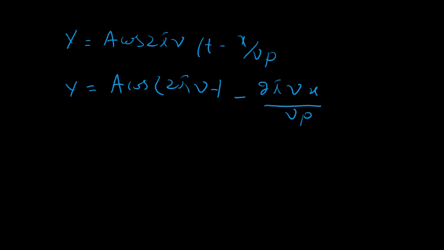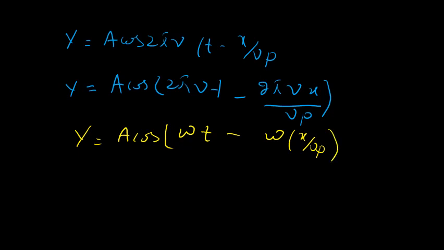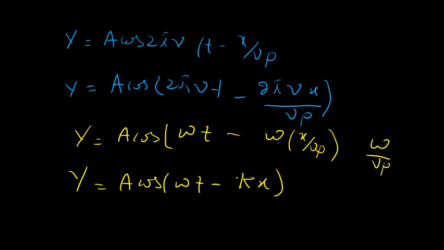Since 2 pi mu equals omega, it becomes y equals a cos of omega t minus omega x over vp, and since omega over vp equals k, this is y equals a cos of omega t minus kx.